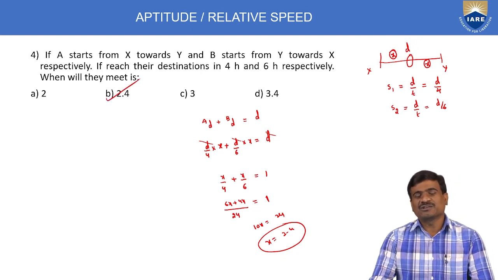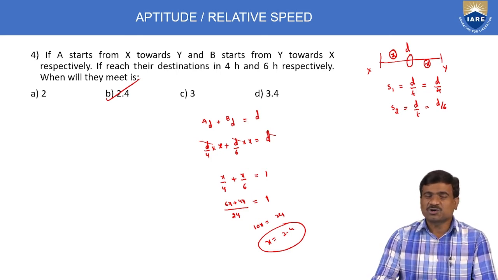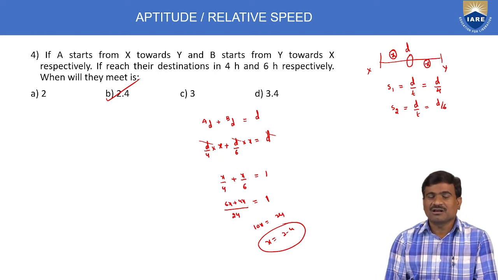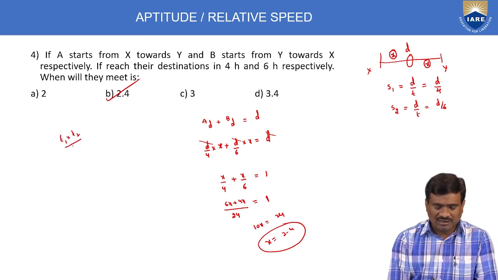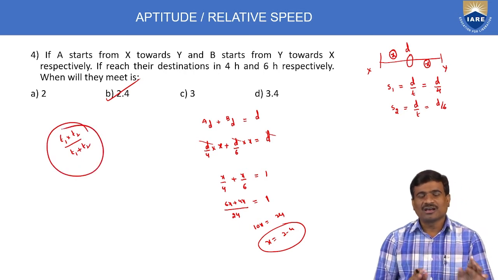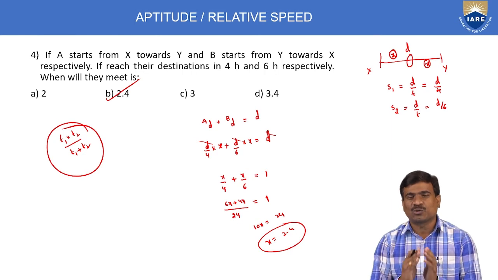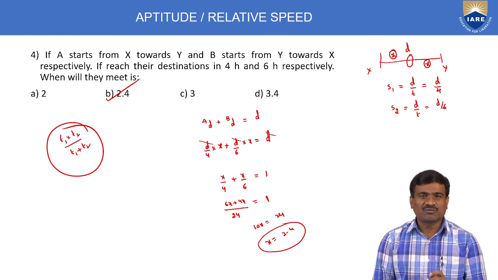This is about the general procedure. Next, a shortcut method. For this type of question, apply the short procedure. If the problem belongs to opposite direction, the meeting time is T1 into T2 by T1 plus T2. In the opposite direction concept, only time conditions are given.